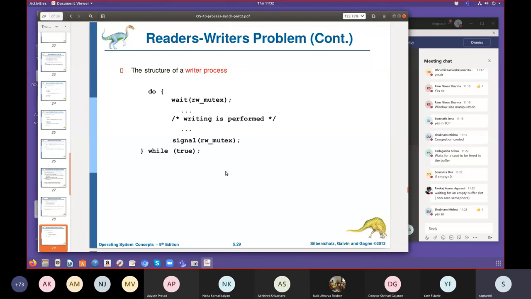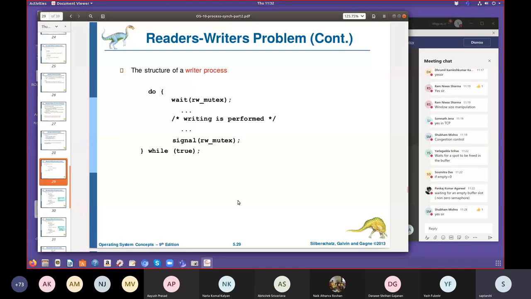So this is the structure of a writer process. Very simple. It simply waits for the rw_mutex. Once it gets the semaphore, it writes and then signals. Now the reader process is more complicated, which I'll show in the next slide.